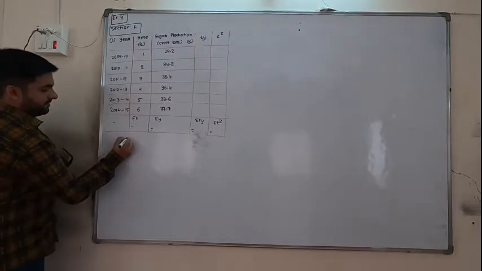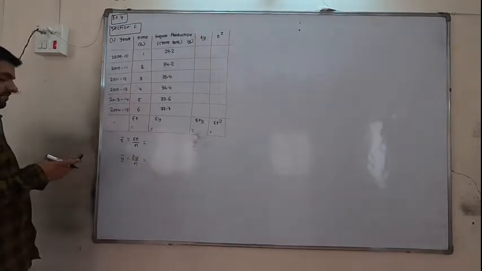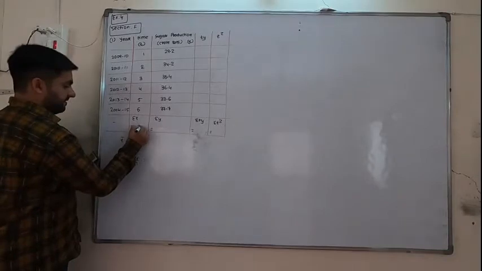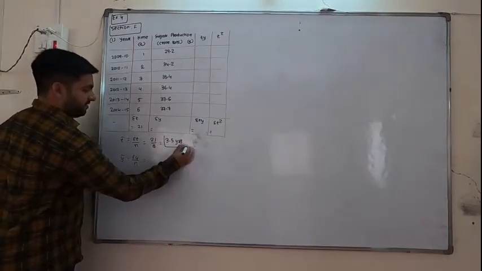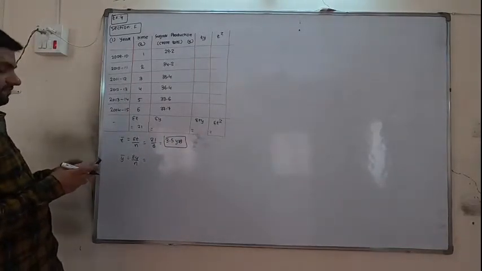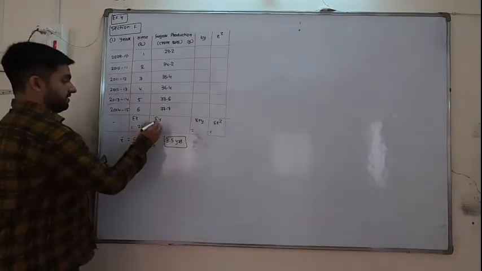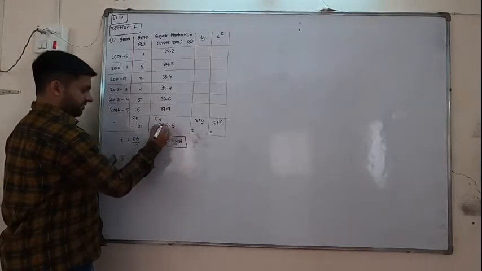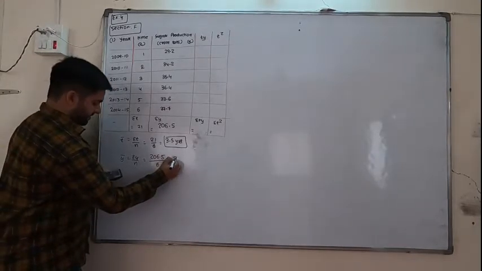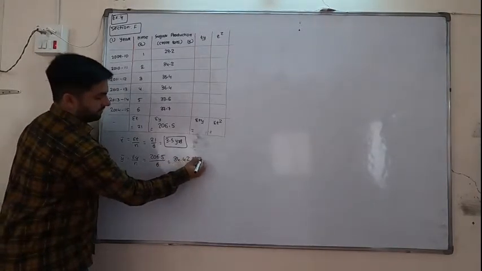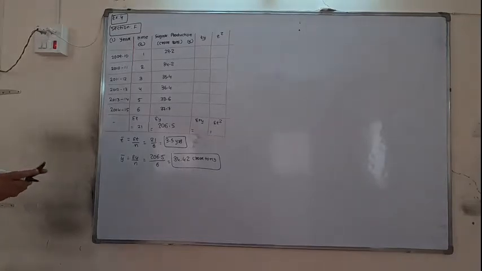T bar is sigma t by n, y bar is sigma y by n. 1 plus 2 plus 3 plus 4 plus 5 plus 6 is 21, 21 by 6 is 3.5 years. 29.2, 34.2, 35.4, 36.4, 33.6, 37.7 sum to 206.5. 206.5 divided by 6 is 34.42 crore tons. Let me check it again, I think there is some error.